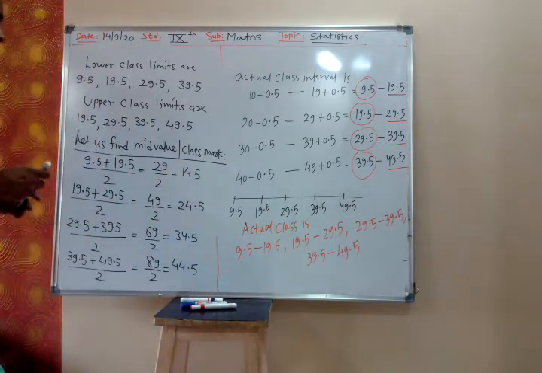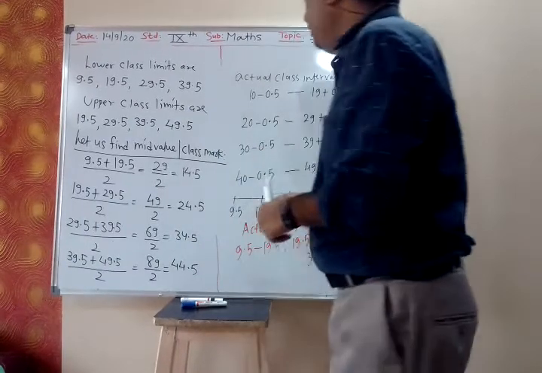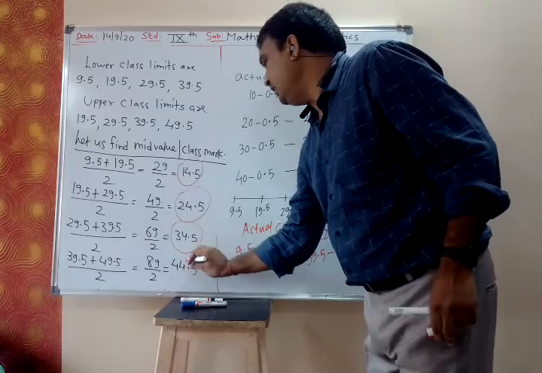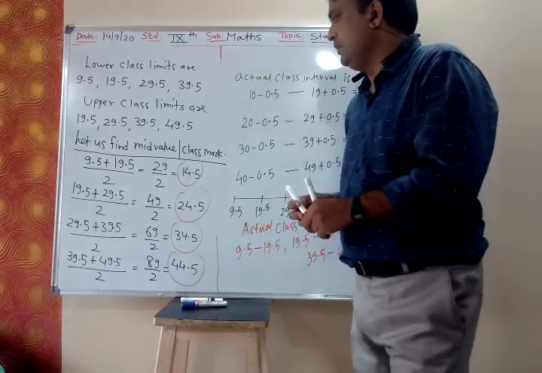So now these are the mid values: 14.5, 24.5, 34.5, 44.5.